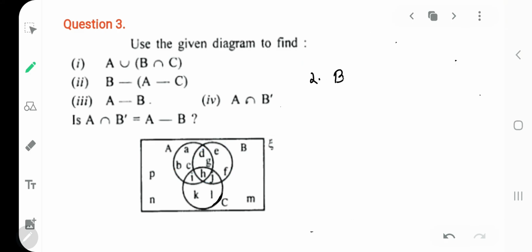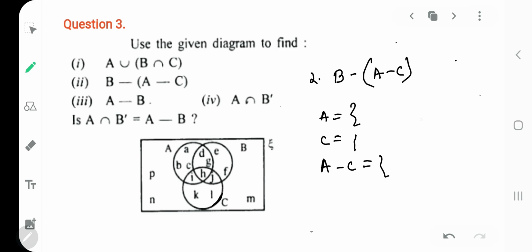Next we have B minus A minus C. So whatever elements are there in A, first note it down, C note it down, and then subtract A minus C first. Let's do it.